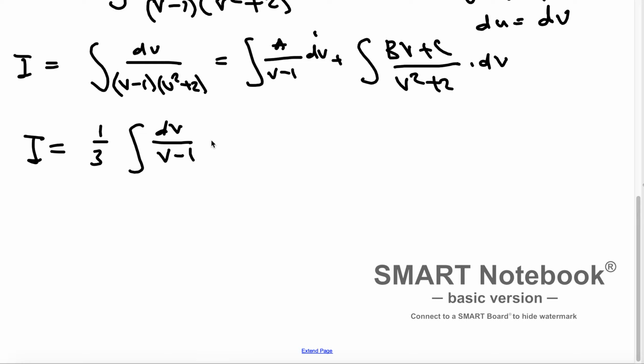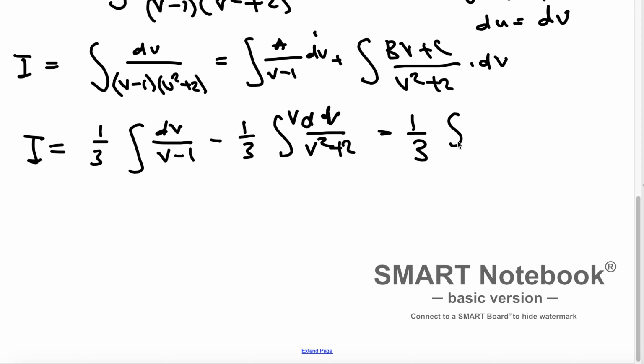And now it is minus 1 over 3 integral v dv over v squared plus 2, and minus 1 over 3 is dv over v squared plus 2. So let's say this is I1, this is I2, and this is I3.